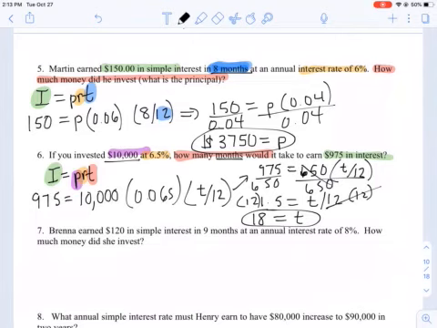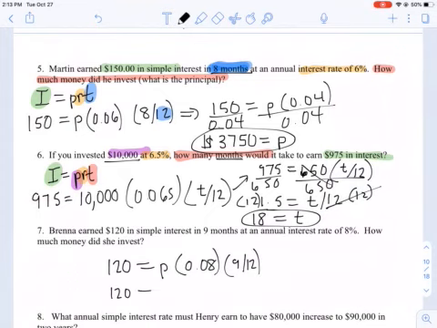So we'll just look at one more, and here we go. This time I'm just going to do it a little bit faster. So she earned $120 in interest in 9 months at a rate of 8%. How much did she invest? So we don't know the principal. We know that it got 8% in 9 months, or 9 out of 12 years. So we're going to multiply these together.